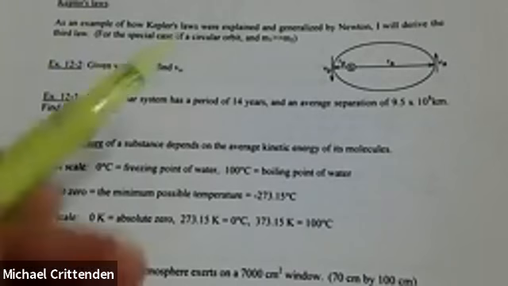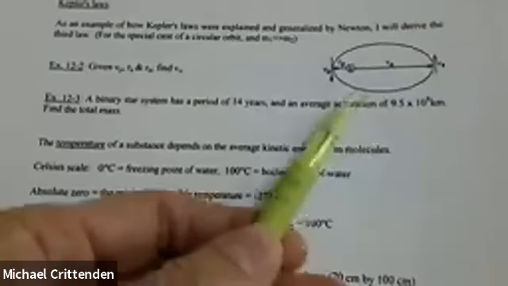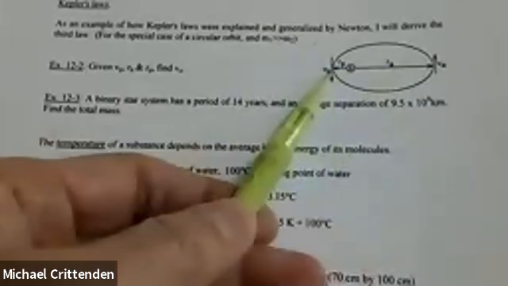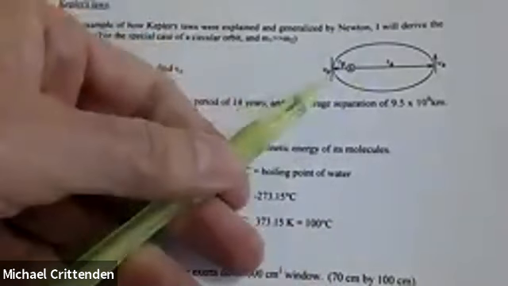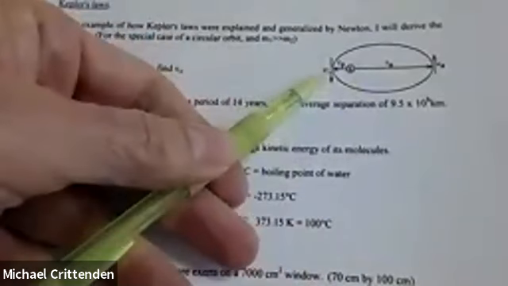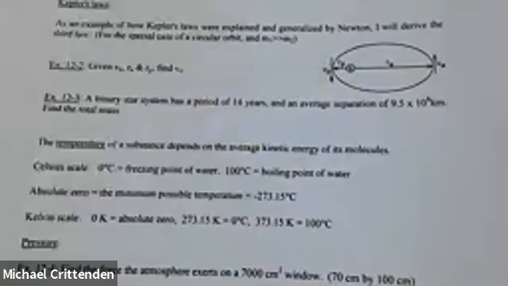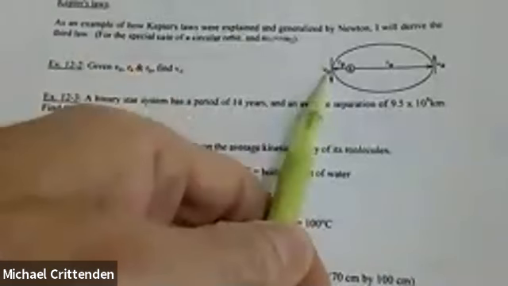I didn't fill in any exact numbers, but this is supposed to be the path that some object follows. There's some comet orbiting around the sun, or some object like that. You don't have to know all the astronomy jargon, but if anybody's interested, P stands for perihelion, A stands for aphelion.